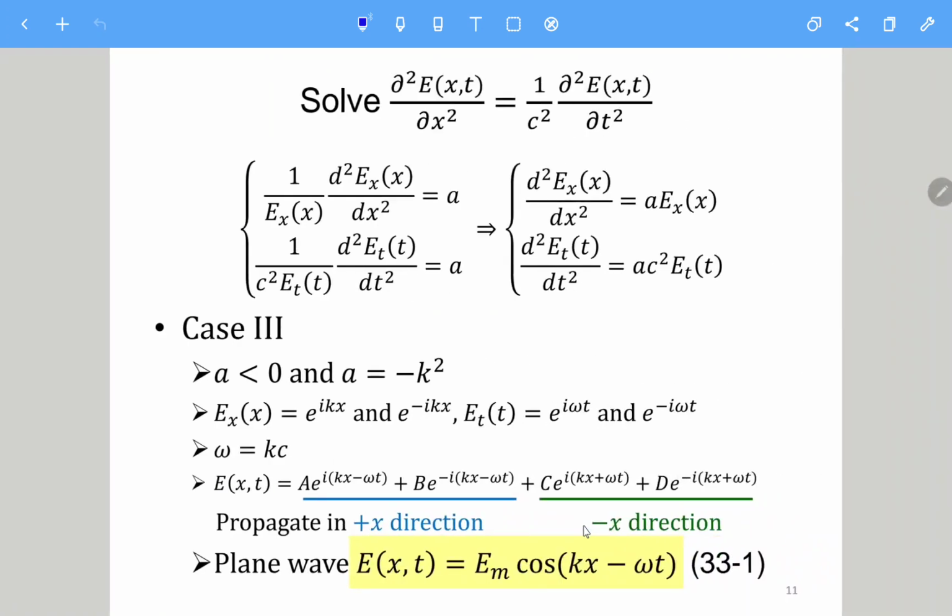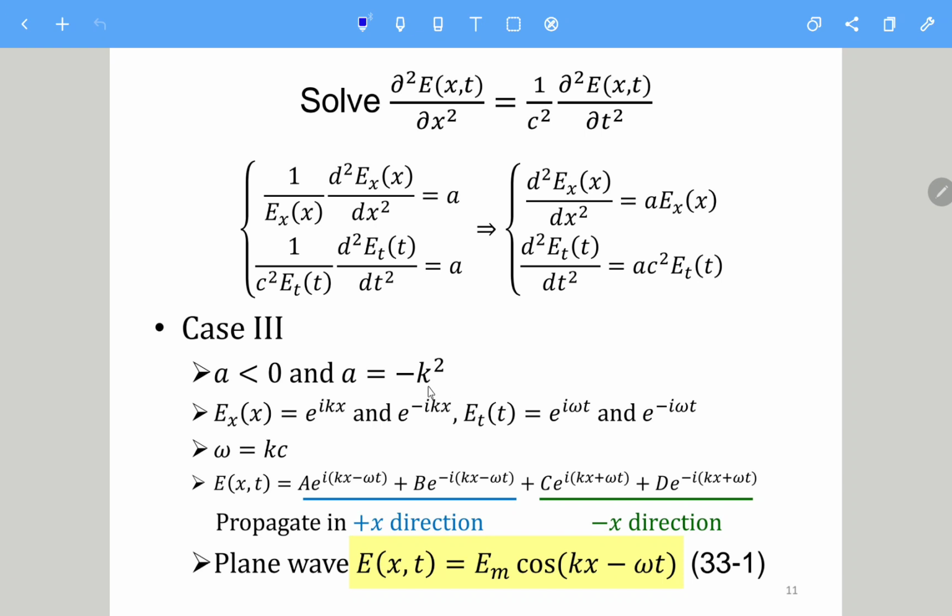So finally, we come to the third case. The third case is that if a is smaller than 0, then we can try to rewrite it as a equals negative k squared, because k squared is always positive. So negative k squared is negative.